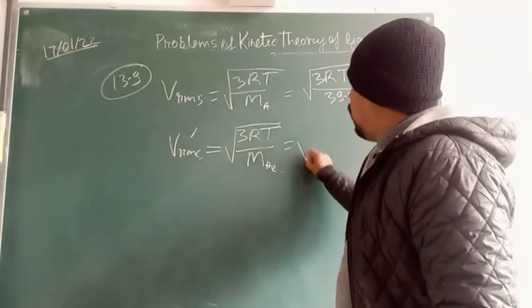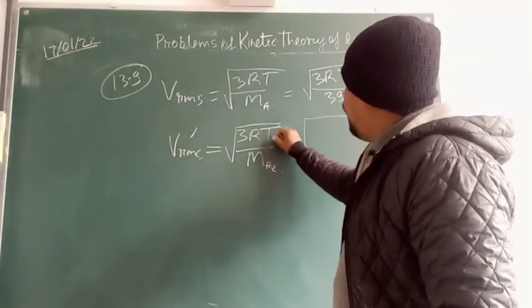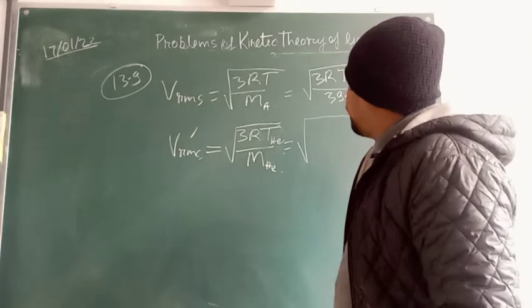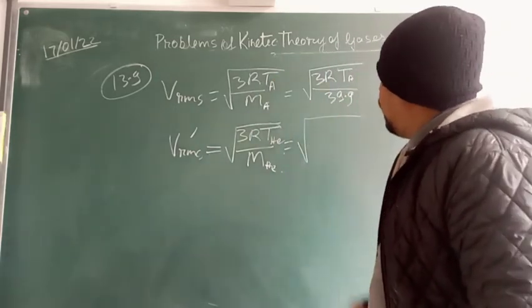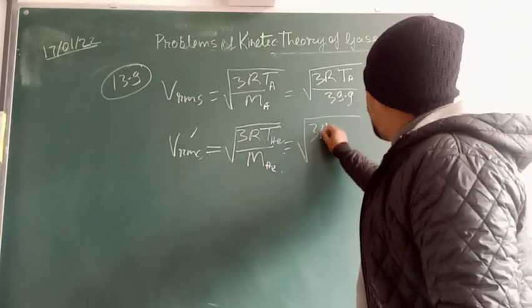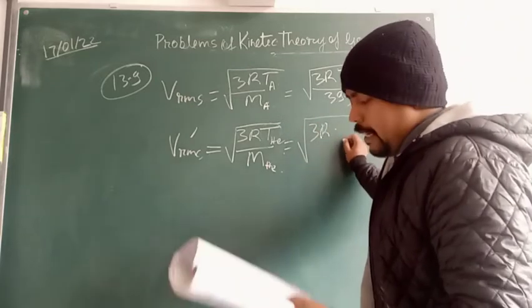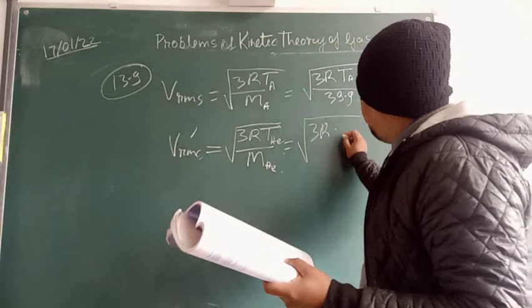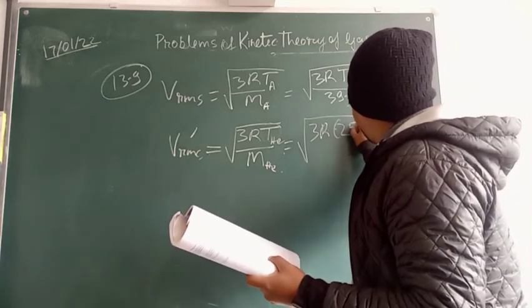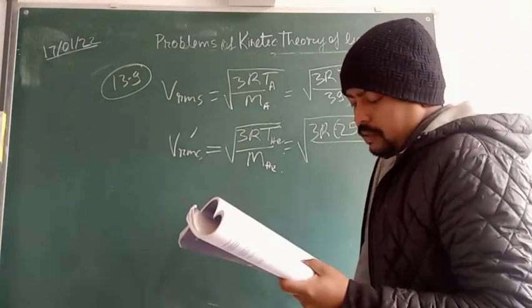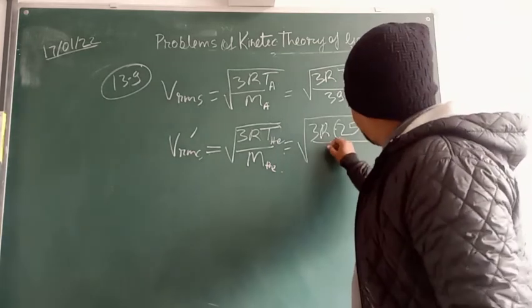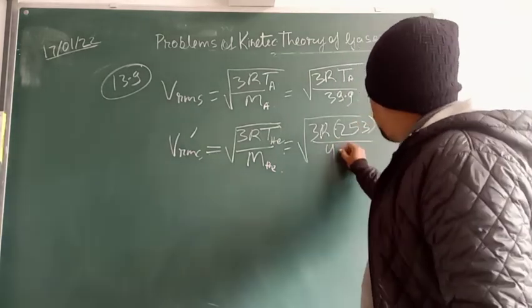T of He is given, TA we have to find. So it is 3 into R into T, where minus 20 degrees centigrade in Kelvin is 253, upon molecular weight 4.0.